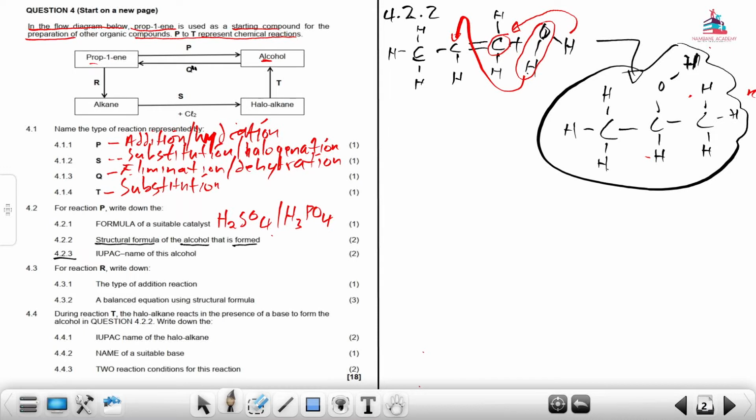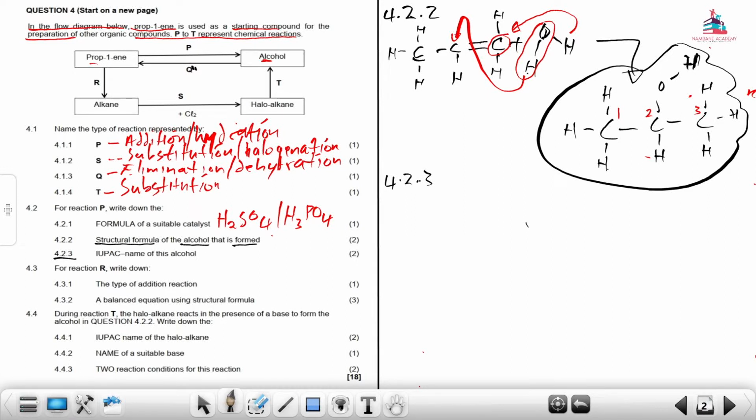So 4.23 says give the IUPAC name of the alcohol. I have drawn the alcohol already. We can count from here, 1 2 3, and even if you count from right to left, it will be 1 2 3. So my OH, regardless of which direction I am taking, will always be on carbon number 2.